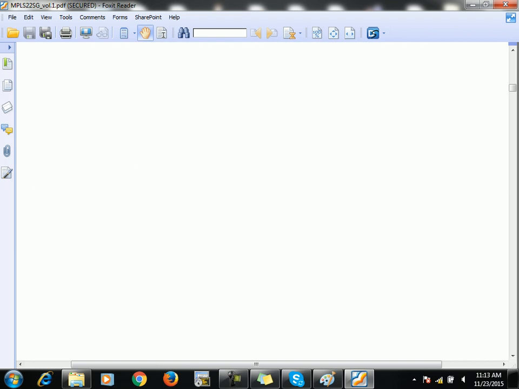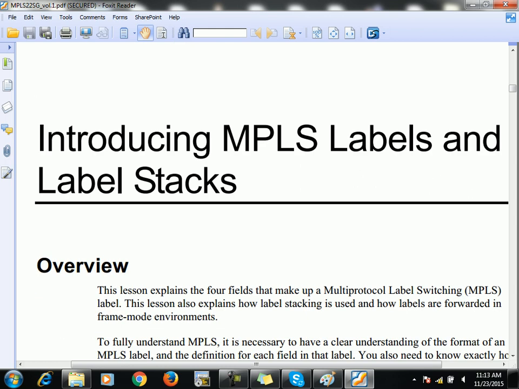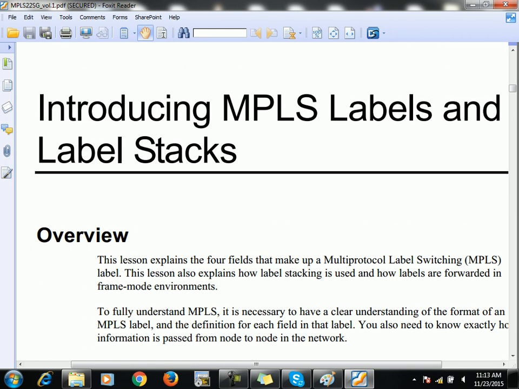Then next is MPLS labels and label stack. Now we have to go through that. What is this label actually? We are talking about this for the last 1 hour, that MPLS will be forwarding data based on labels only. So what is that label exactly?